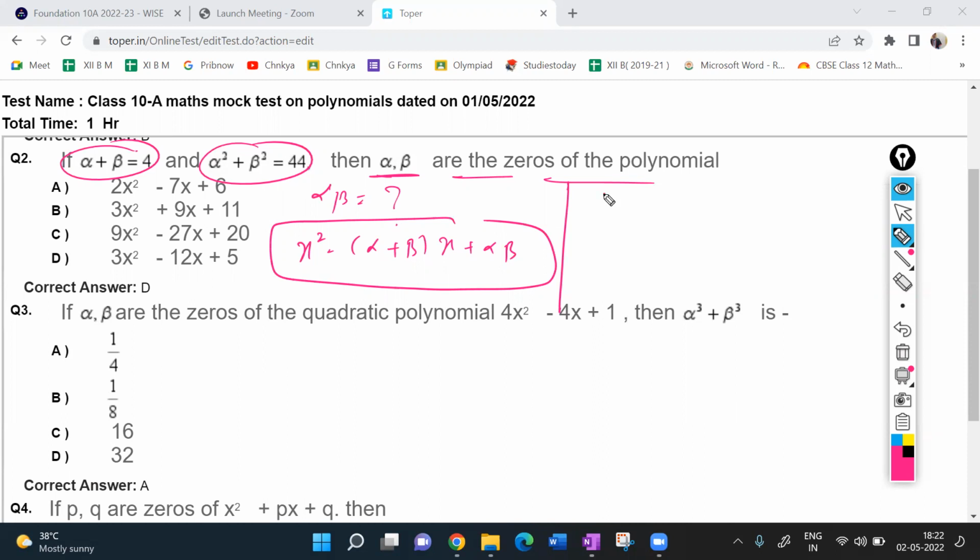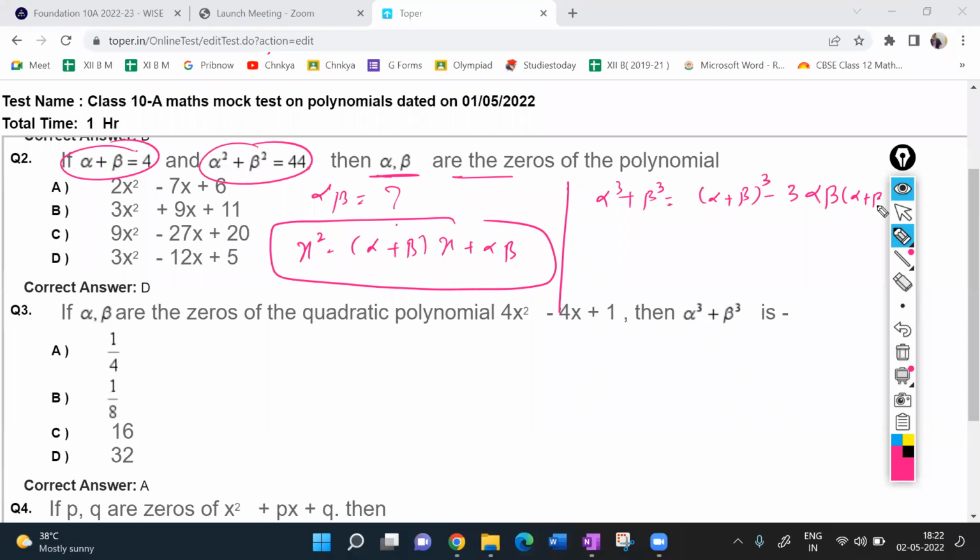If I go with alpha plus beta whole square minus 2 times alpha beta, it is not possible. Can we go with the cube formula? The a cube plus b cube formula is (a plus b) whole cube minus 3 times alpha beta into (alpha plus beta).